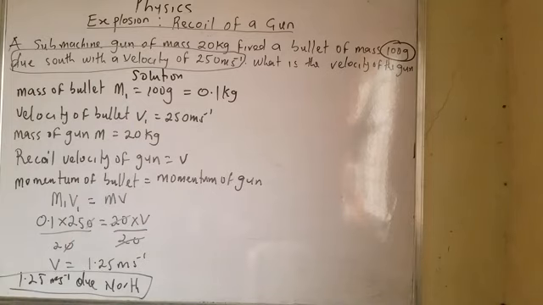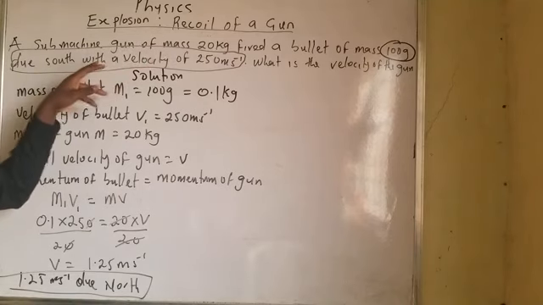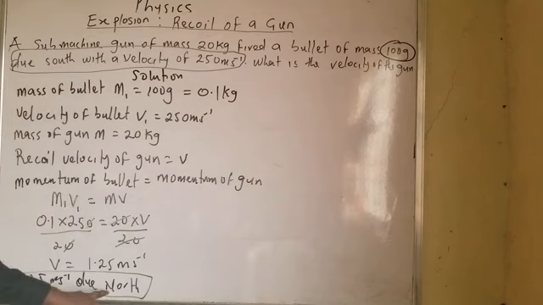Let me recall again: the recoil velocity is always in the opposite direction of the bullet's velocity.